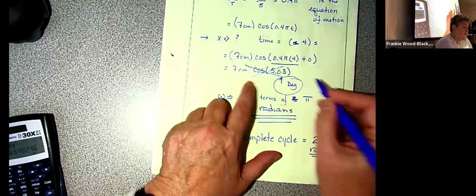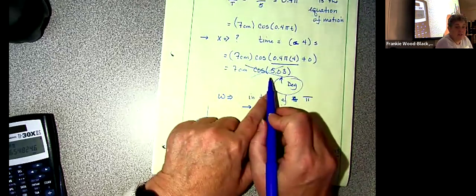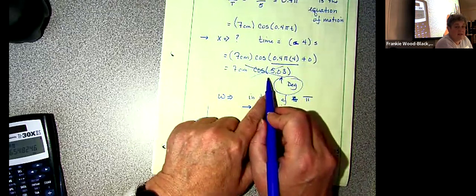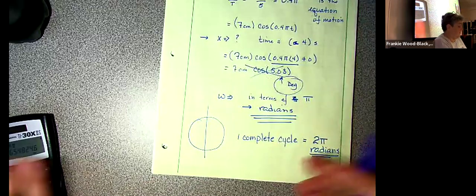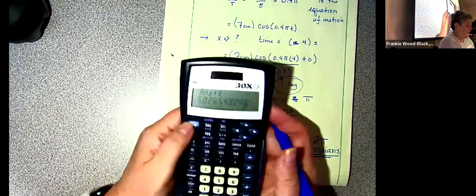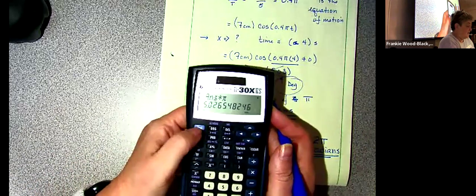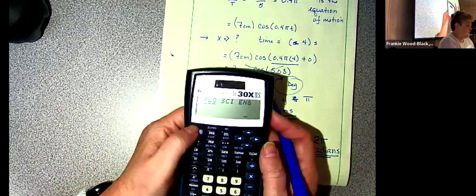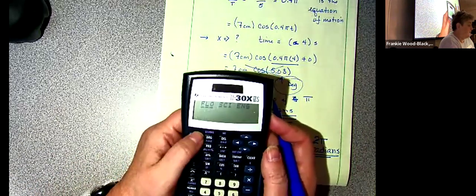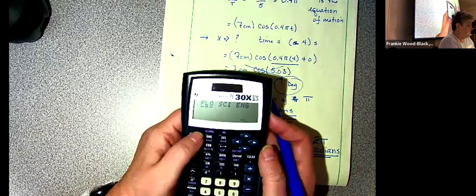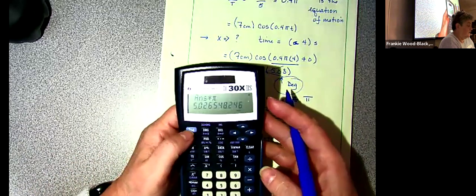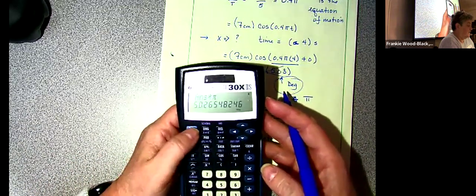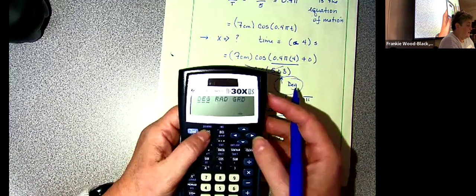If I'm in degrees, I punch this number in degrees in my Blackboard, Blackboard is going to get really persnickety on me and say that is not the right answer. So I've got to shift my calculator from degrees. Go back, enter. I'm going to be in radians.